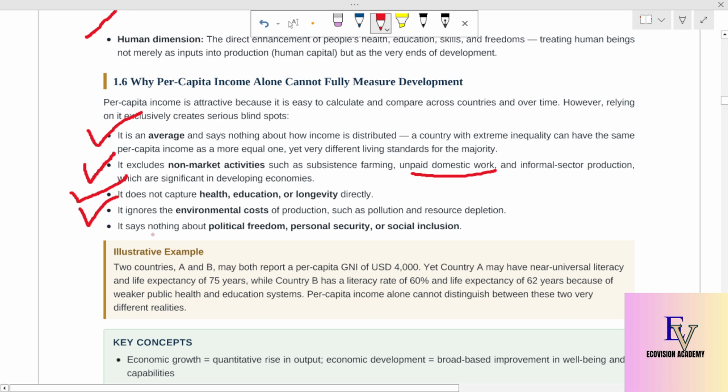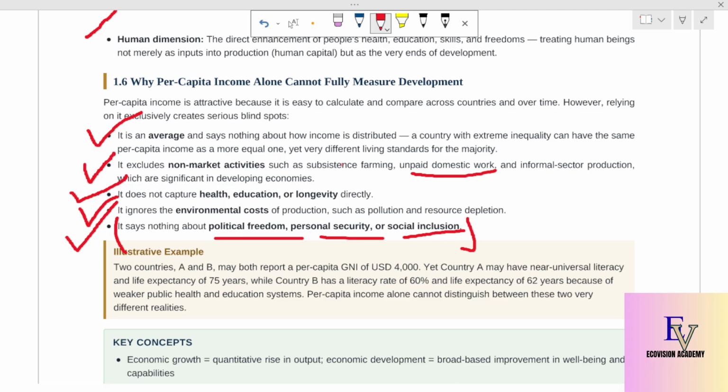And it doesn't say anything about political freedom, personal security or social inclusion. Social inclusion means: are you included in all of the social welfare schemes? Suppose there is a particular social welfare scheme and I am getting that scheme, but you are not included in it, though you are eligible, but you are not included somehow.